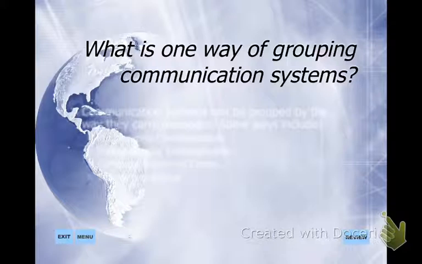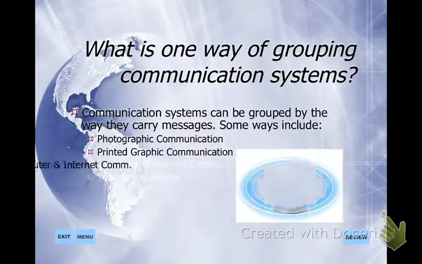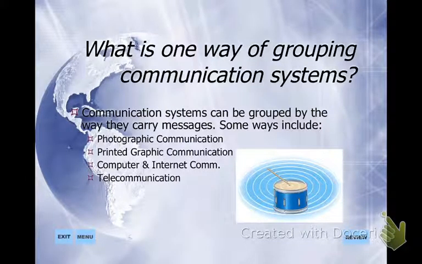Okay, we grouped some communication systems into some categories, and we're going to use these categories. Photographic communication, basically using pictures to communicate your message. Printed graphics is anything that's printed: your t-shirts, posters, banners, logos, etc. Anything that is a physical printed graphic used to communicate. You go down to Walmart, everything is packaged.